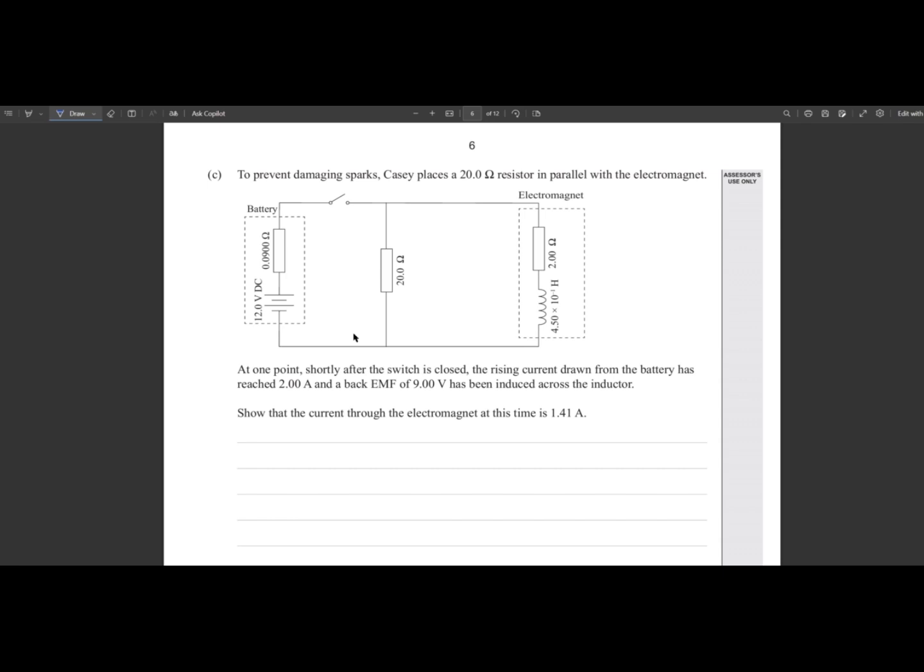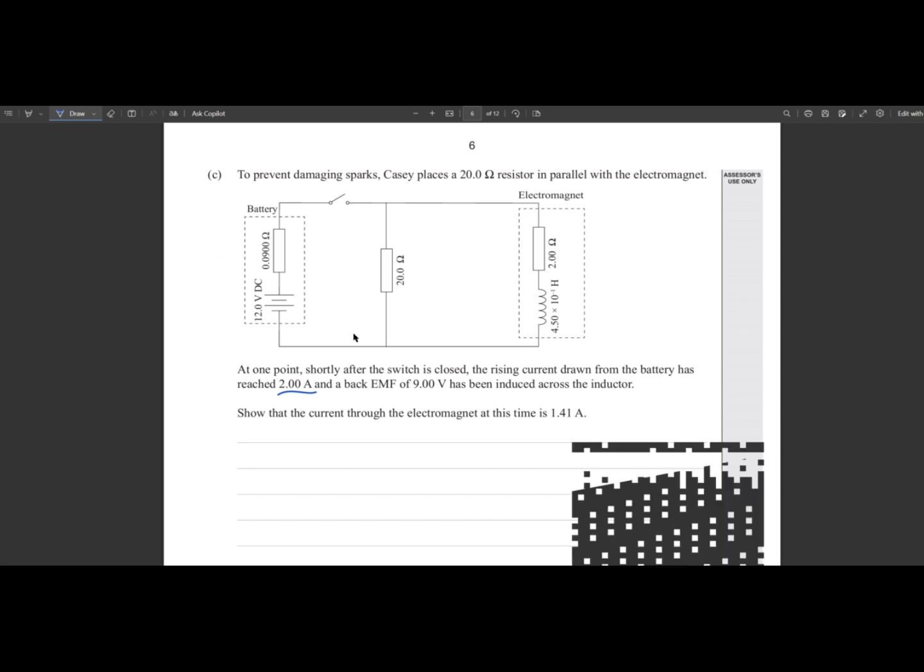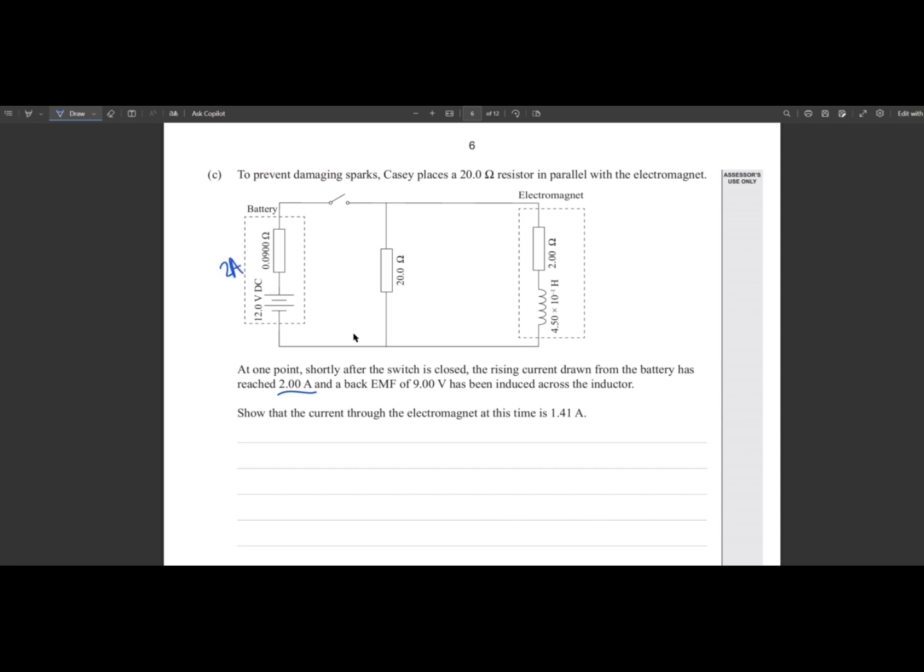At one point, 2 amps are drawn from the battery, and an EMF of 9 volts has been induced. Show that the current is 1.41 amps.